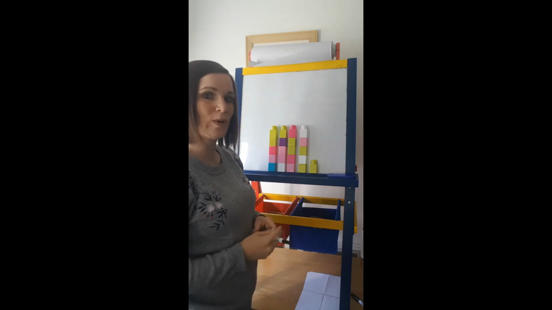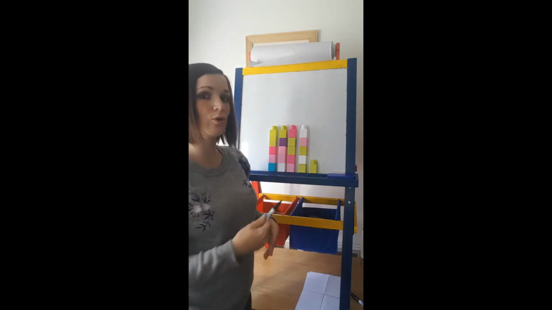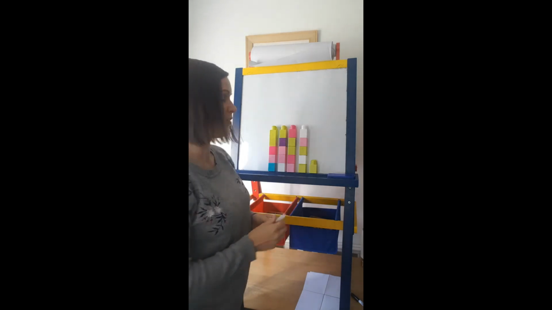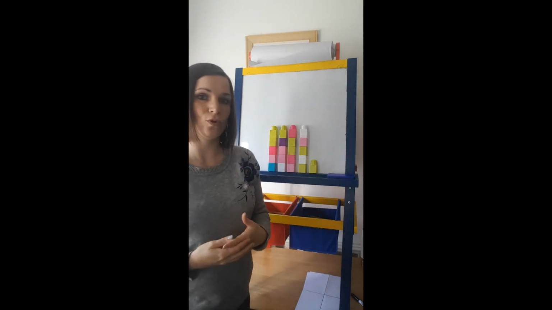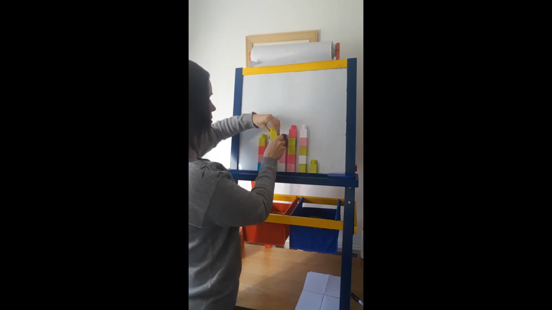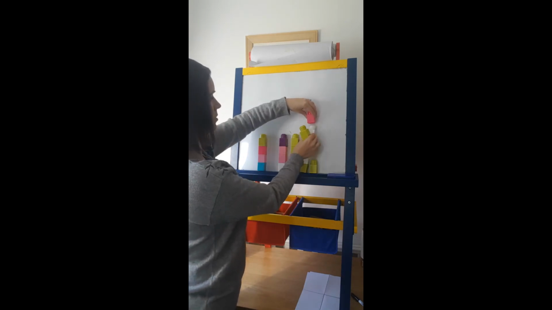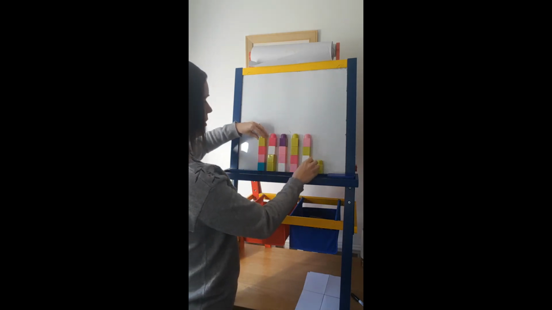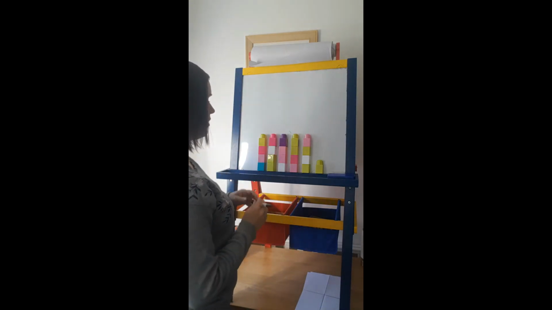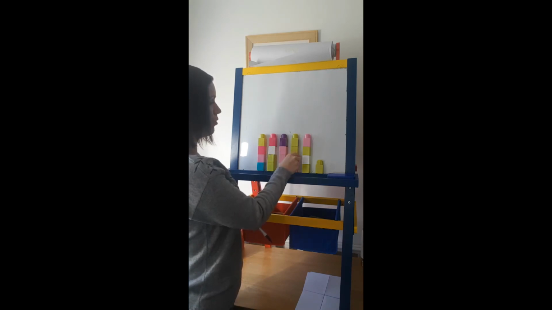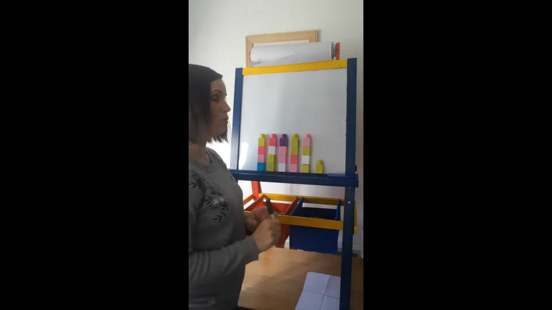I still have my 21 blocks here. They're still in their groups of 5 at the moment. I'm now going to change that. Instead of having groups of 5, we're going to have groups of 4. We're going to share it into 4s. So I'm going to change these around. There we go. So now they are in 4s. And if you share it into 4s, you now have 1, 2, 3, 4, 5 whole towers.